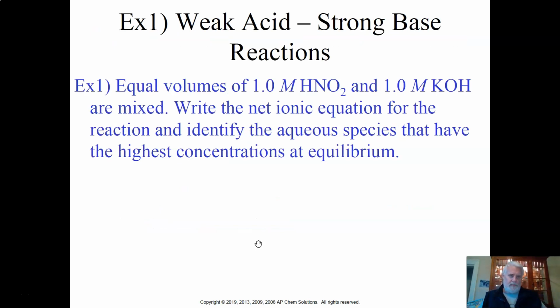So here we go. A lot of times people will see this problem and go, ooh, yes, it's a strong, because you got KOH and HNO3. Whoops, it's HNO2. Weak acid. So that means we got to think. But the first part of this is not bad.